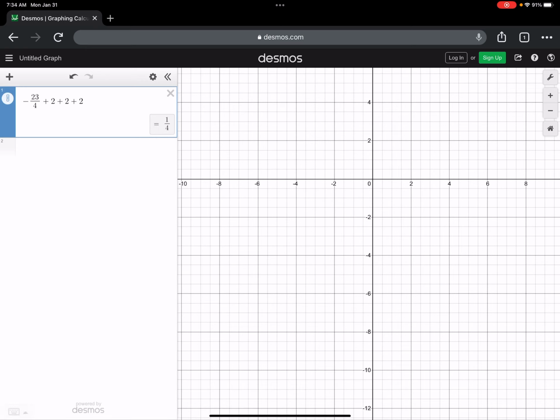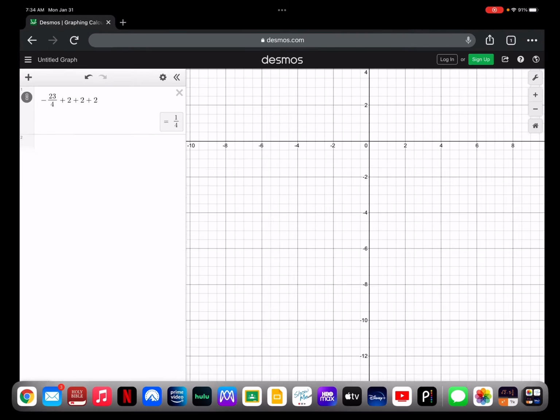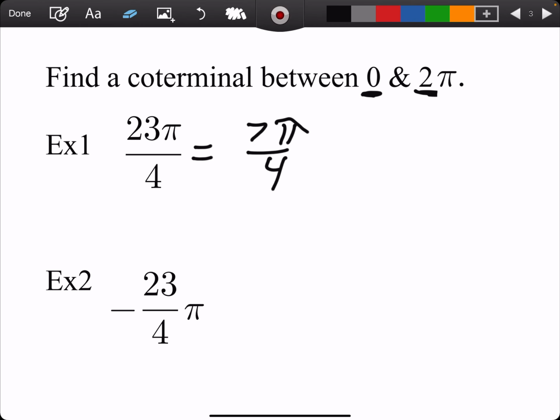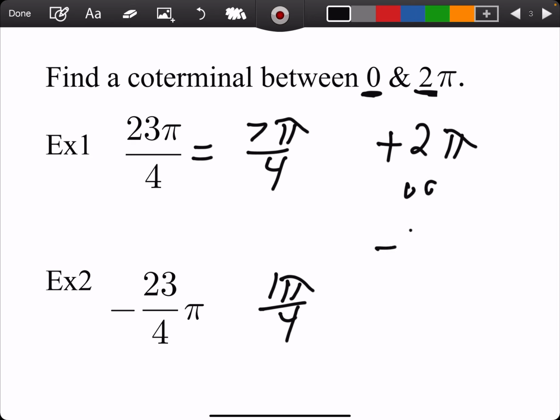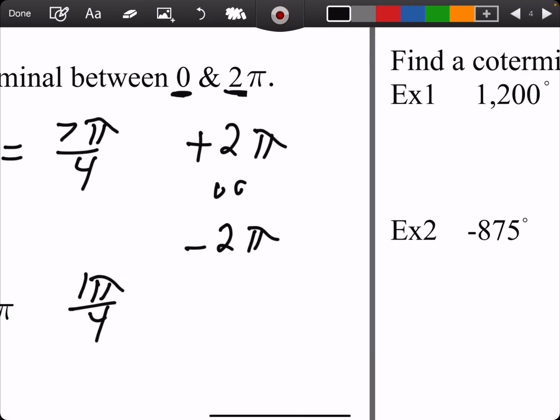I'm going to change it to a fraction. And I know it's 1 fourth. So I can come back here and say my answer is going to be 1 pi over 4. All right. So keep in mind, anytime it's radians, I'm going to add 2 pi or I'm going to subtract 2 pi until it's between 0 and 2 pi. All right. That's the hard part.